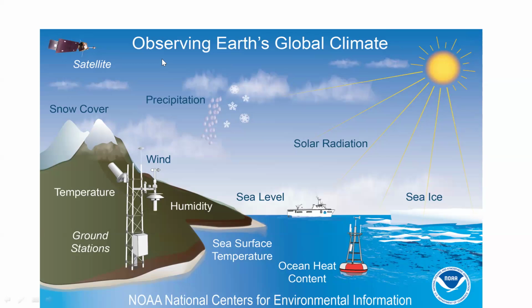Then this is just a graphical representation, everything in a nutshell, observing Earth's global climate. Now this is how it works. All elements are there in this picture. When the sea surface temperature rises by a margin of say half a degree, it touches the edge of the ice cap here.